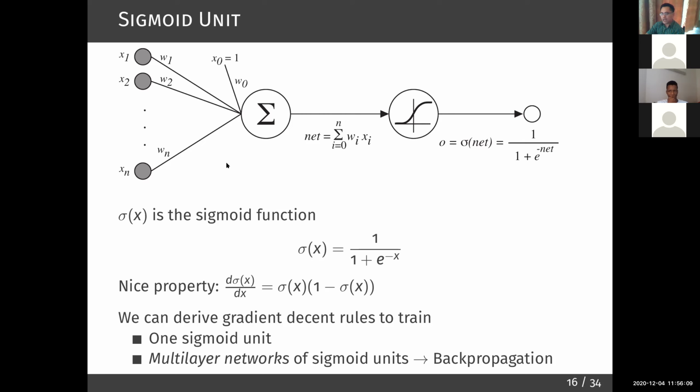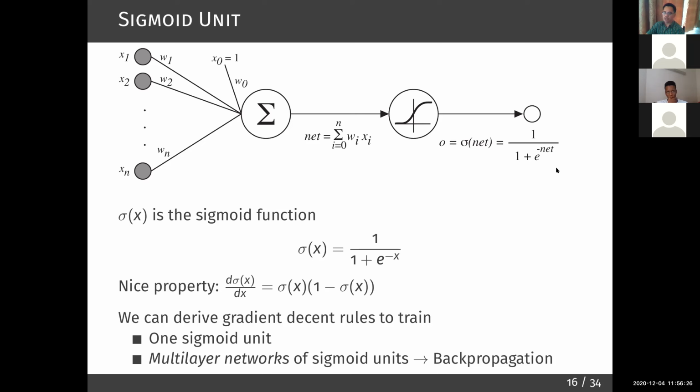So now, what's the difference? Here it remains the same, where your inputs multiplied by the weights remain the same. But the difference is how you take the output. In this case, the output is input into a sigmoid function.